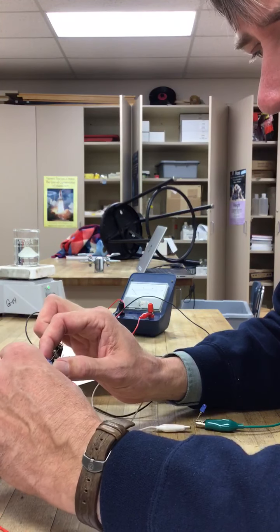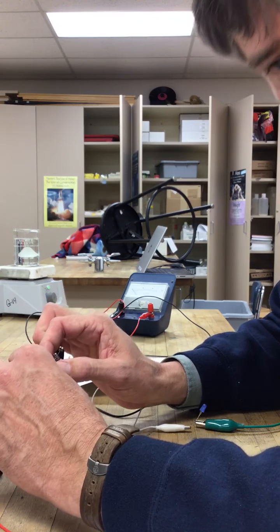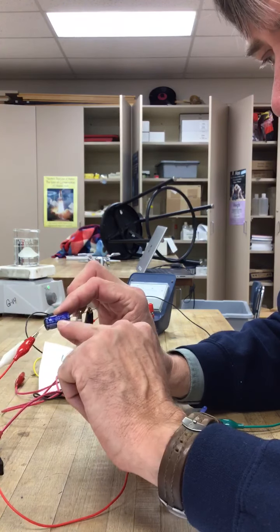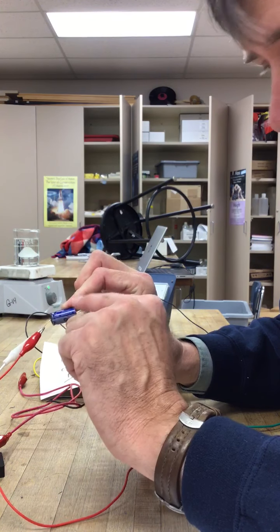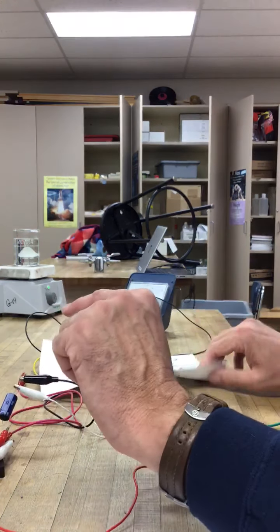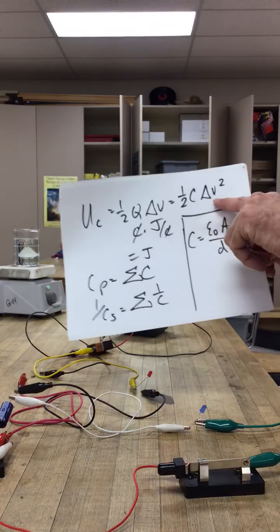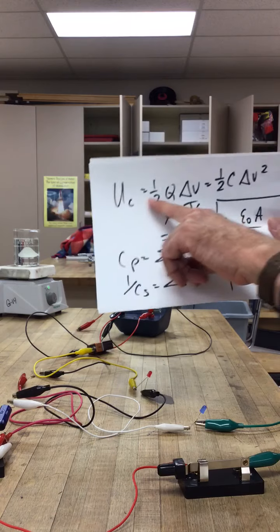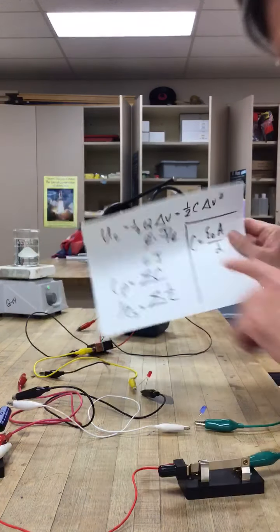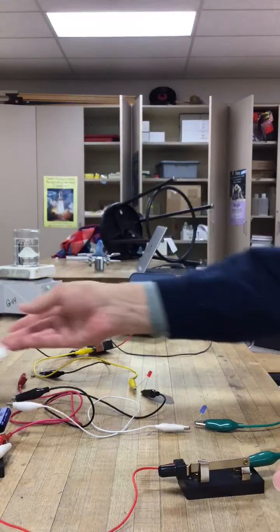Oh yeah, so this is a 1,000 microfarad capacitor. So I could change that into farads, then multiply that by that voltage, which was about 6 volts. I could find out how much energy was stored on that capacitor. So there you go, kids.